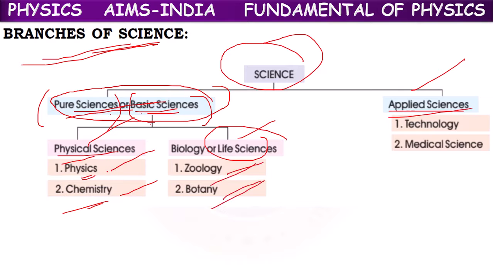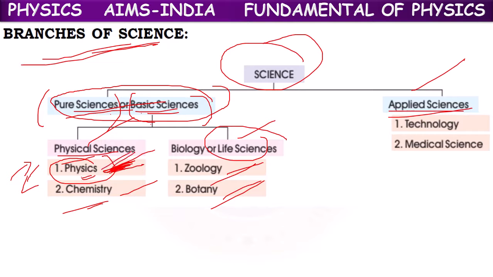Physics studies the physical processes happening in nature, the reason behind so many things happening in nature: why the sunset will happen, why the sunrise will happen, how seasons form, how machines work.